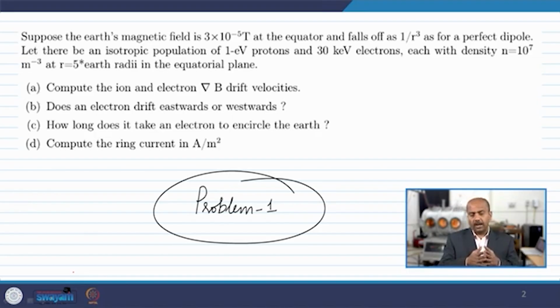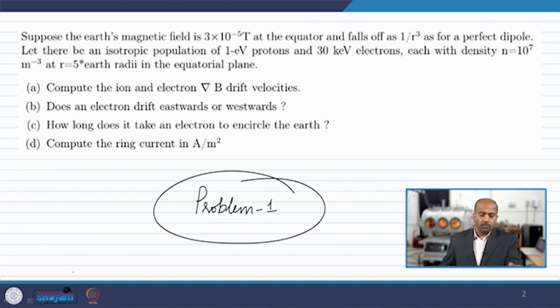That means the magnetic field of the Earth at the equator is given, and as you move away from the center, it falls off as 1/r³, where r is the distance from the center, like a perfect dipole. If you know the expression for the magnetic field of a dipole in terms of r and theta, you will remember the 1/r³ dependence.